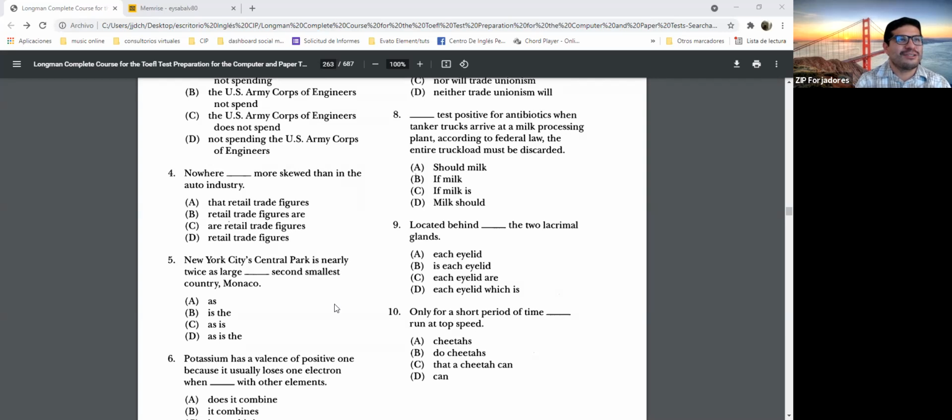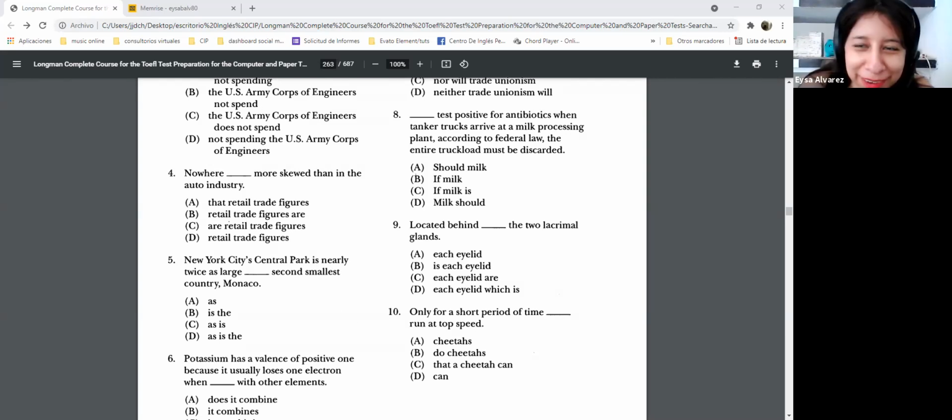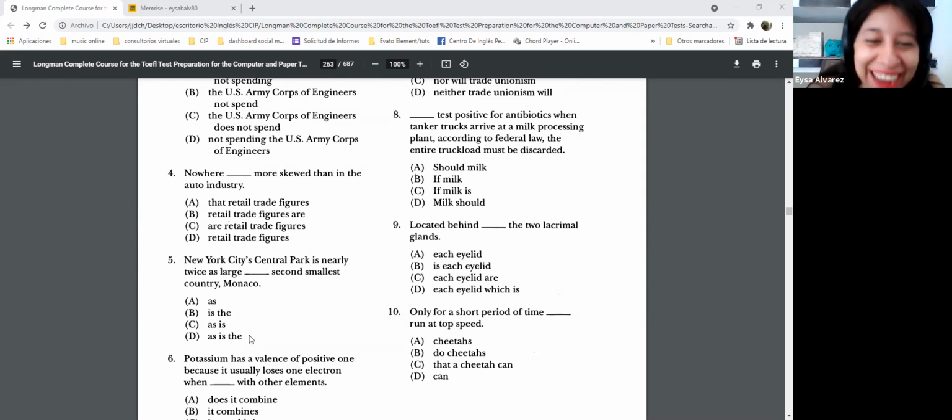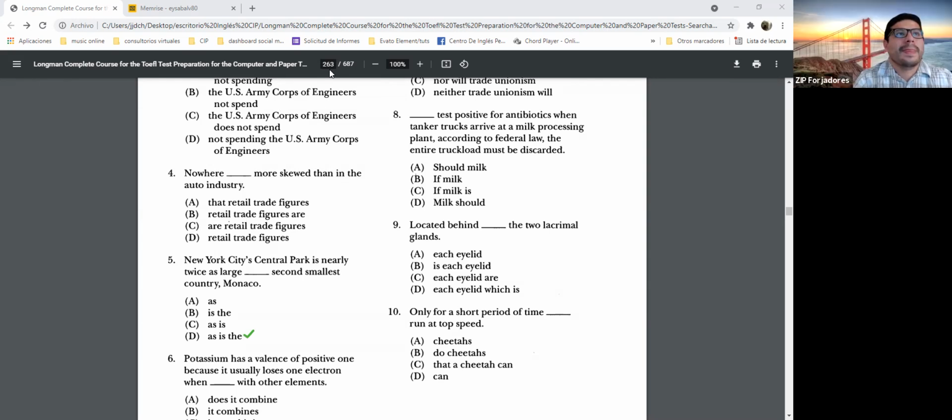So let's go with number 5. For number five, I chose the letter D. Really? Okay, I check why. It's a comparative, "as large." So I was sure that I needed the "as."